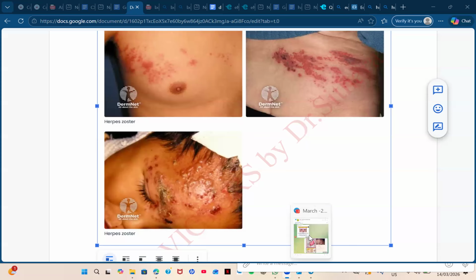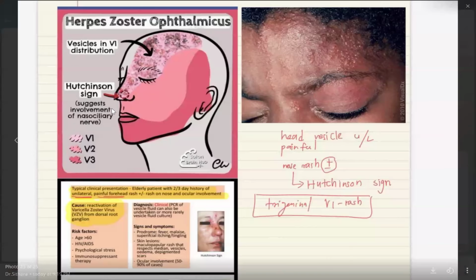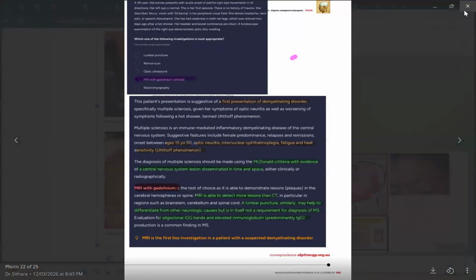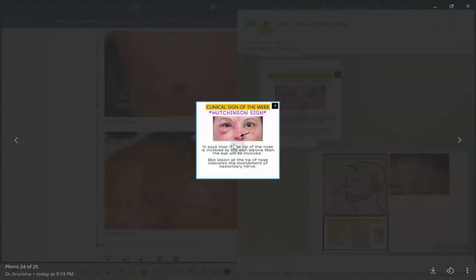Okay, doctors, here, this is a Hutchinson sign. Here is also a good picture. Hutchinson sign means a skin lesion at the tip of the nose, indicating involvement of the nasociliary nerve. Just remember it, okay?